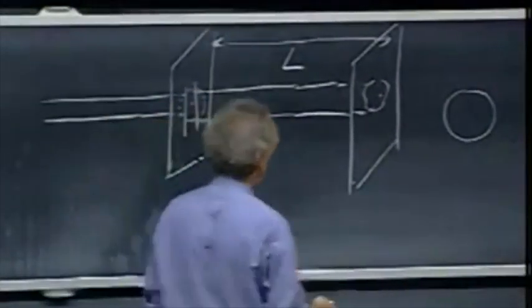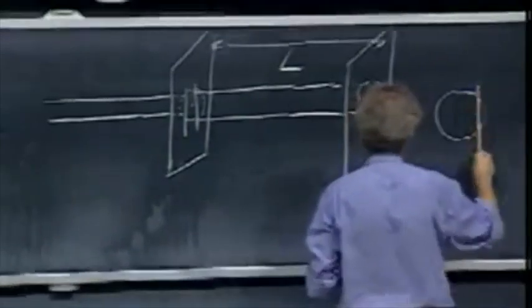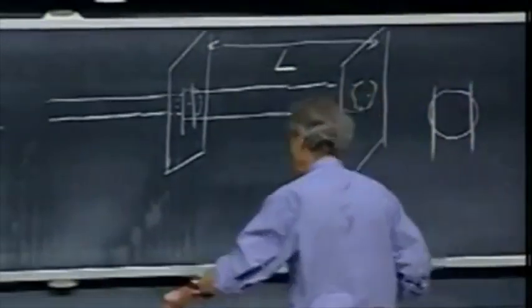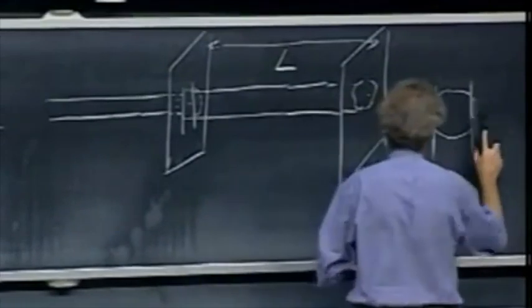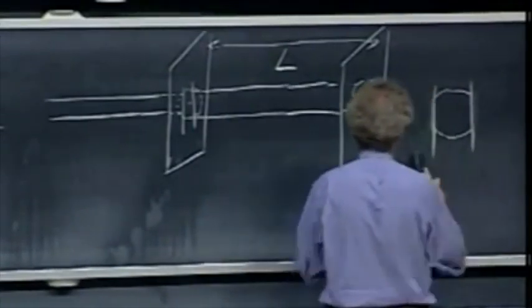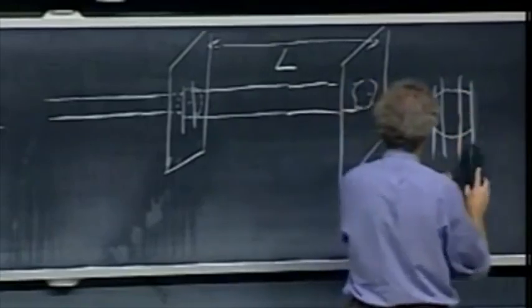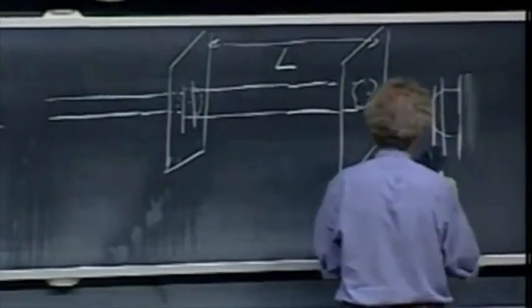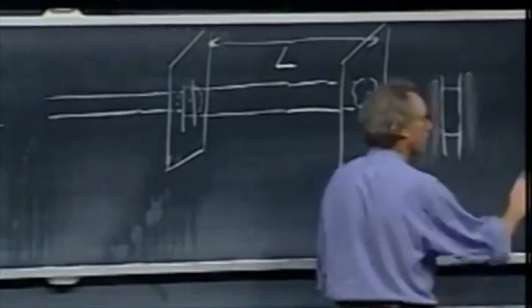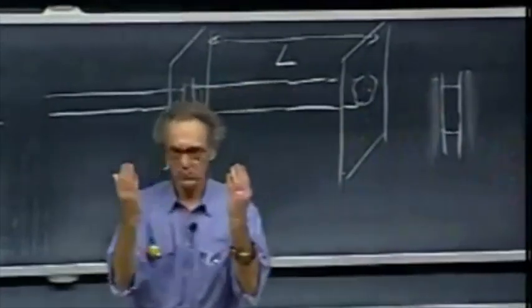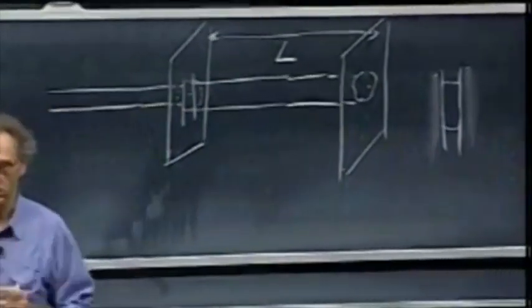And as I cut into the light beam, what you're going to see is exactly what you expect. You expect that this light disappears, and when I cut in further, you see exactly what you expect, that this light disappears. And so the light spot there on that screen will become narrower and narrower and narrower.